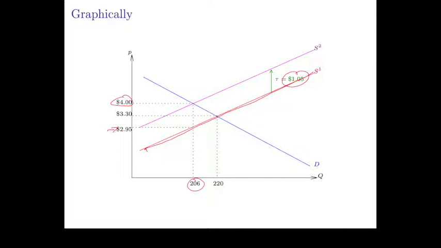Now, after there's a tax, when the price is $4, the firm behaves as if the price were $2.95 and they produce 206. This is the sense in which the supply curve shifts upwards. So now we have this new supply curve, S2.